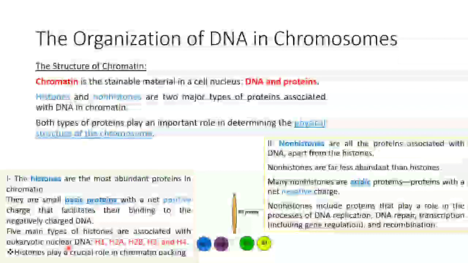Histones, guys, are considered the most abundant proteins in chromatin. The most abundant protein we see in the DNA is the histones. They are positively charged. Why?